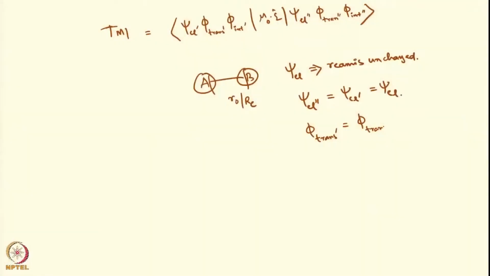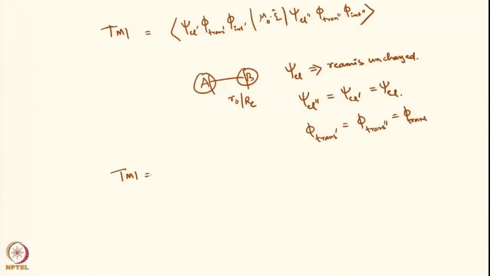So, then what happens is that phi trans prime will be equal to phi trans. Okay. And when you have the electronic degrees of freedom frozen, your dipole moment is not going to change. Similarly, when you have translation, if the AB molecule is translating, its dipole moment is not going to change.